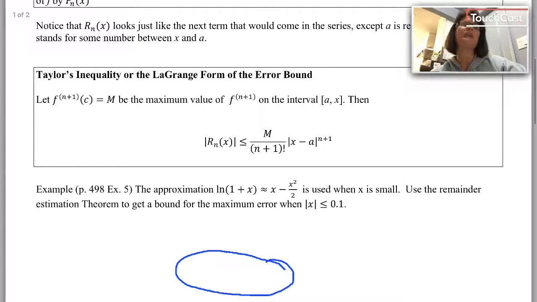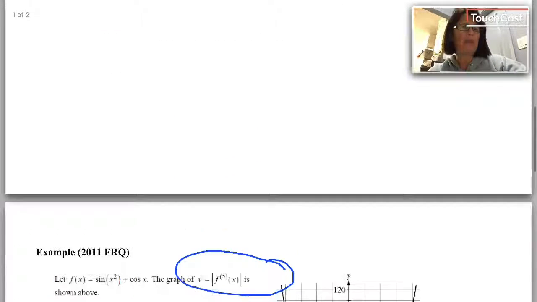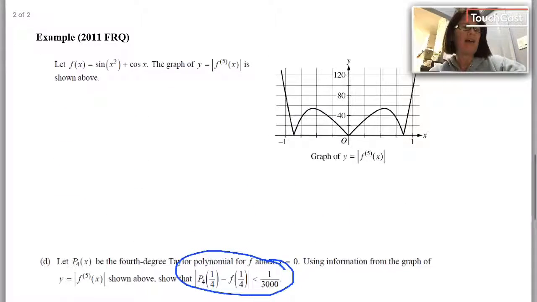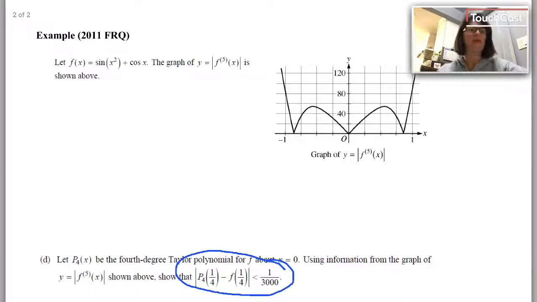So we're going to try to make the next term, which is going to have x to the fifth in it, and it's going to get divided by 4 plus 1, 5 factorial. Now the thing is that for M, we're just going to have to figure out some sort of maximum for the fifth derivative on the interval 0 to 1/4.